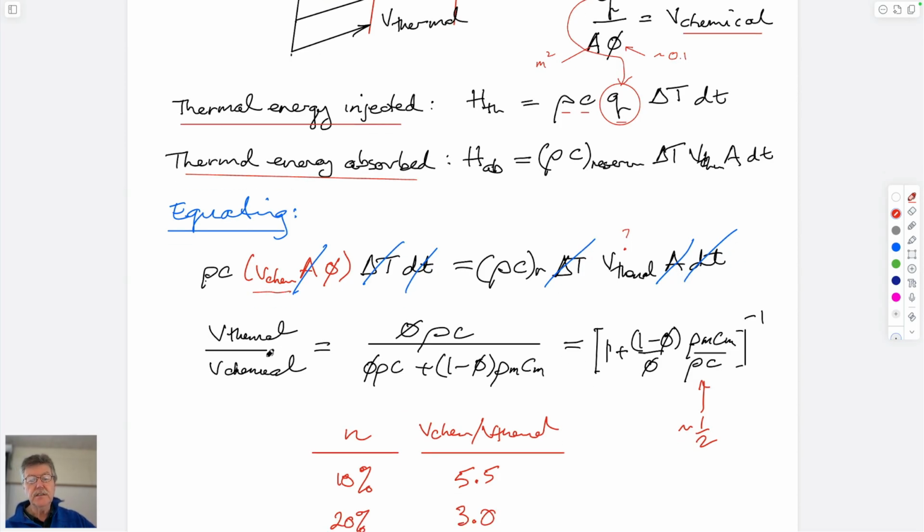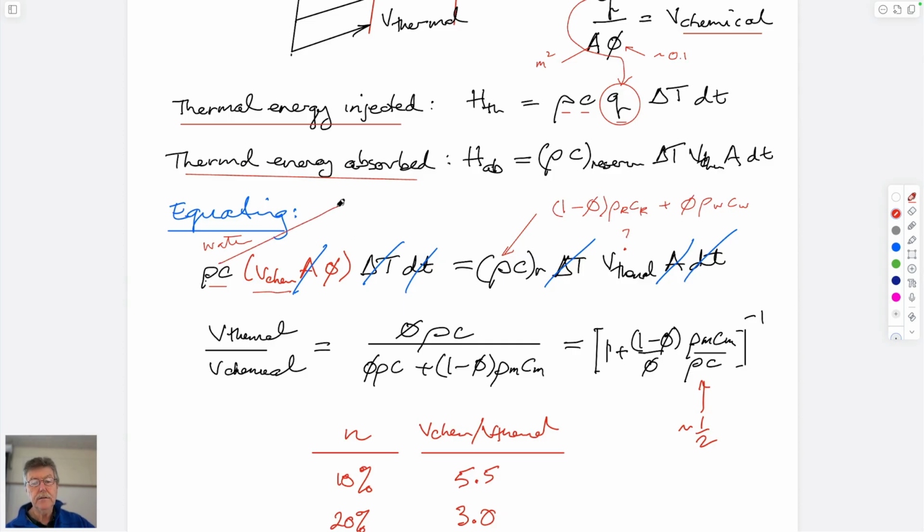So if we rearrange this to get the ratio of these two, if we substitute for the fact that this rho C is equal to that for water, this rho C would be something that would be equal to 1 minus porosity times the specific heat capacity of the rock plus porosity times rho W CW.